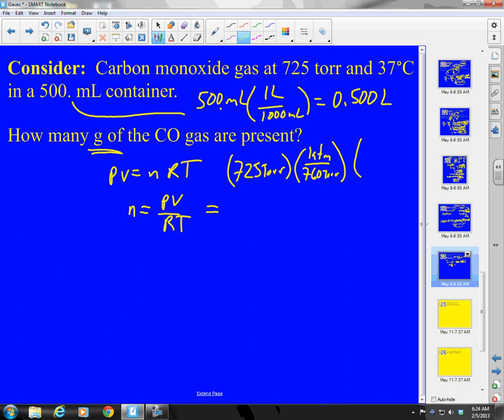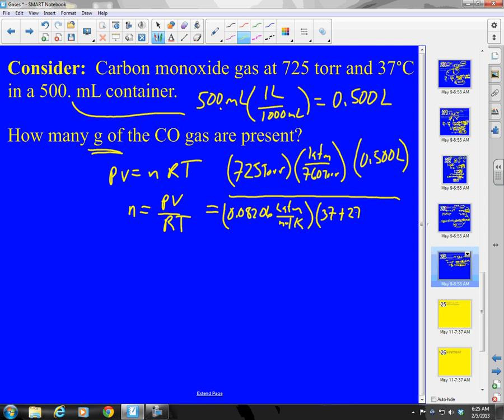So that is equal to 0.500 liters, divided by PV over R, that's easy, 0.08206 liter atmospheres per mole Kelvin. Good. And then what's T? T, 37 Celsius plus 273.15 Kelvin. Okay, so I'm significant to the unit, so that's not significant. Let's run the numbers.